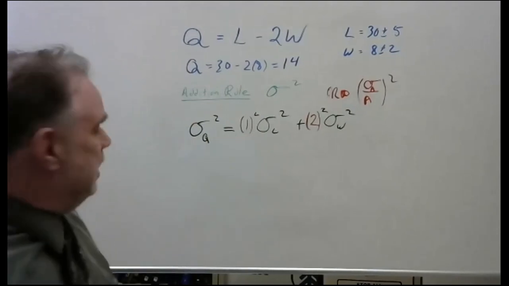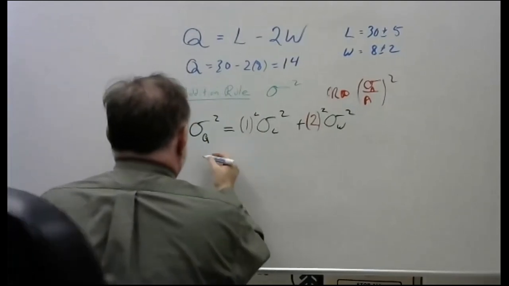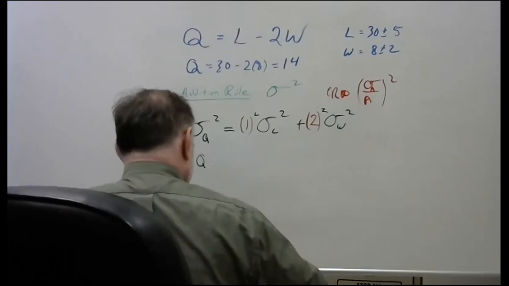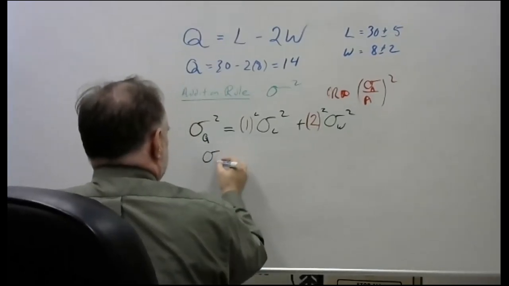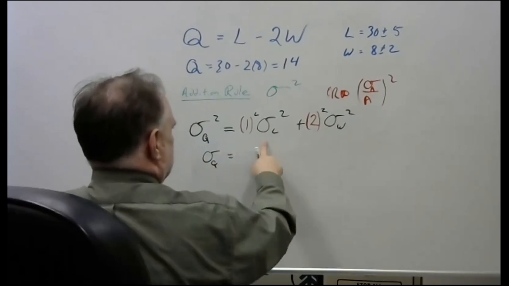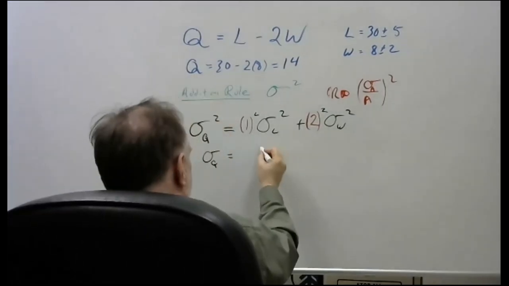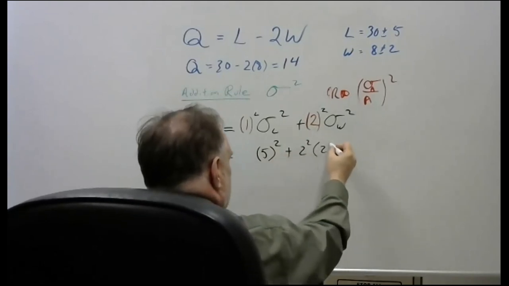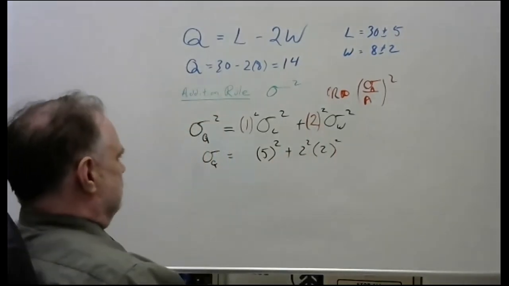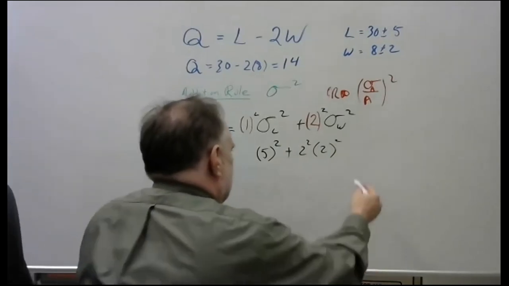And there you go. Let's actually calculate this thing. Sigma q squared. This one's a little easier to solve for because there's one less step here. So sigma L is 5 squared plus 2 squared times 2 squared. So we calculate this.